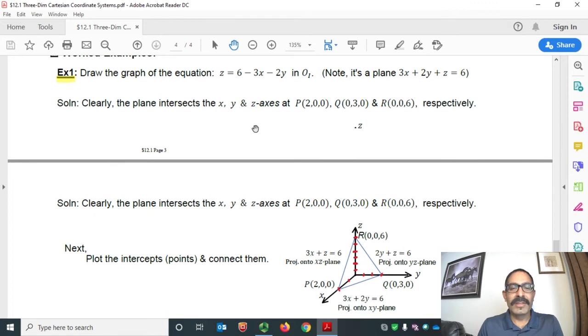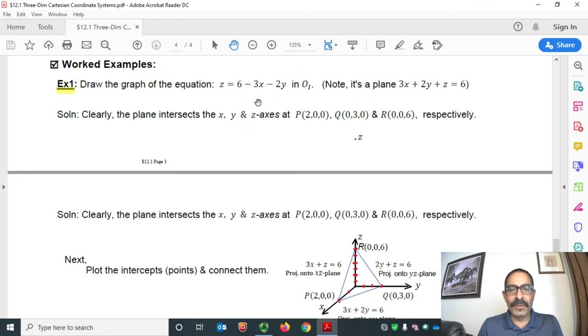One way to graph this plane is using the x-intercept, y-intercept and z-intercept. That means this plane crosses the x-axis where we put y and z equal to 0, so x equals 6 divided by 3, which is 2, giving 2, 0, 0 at point P.